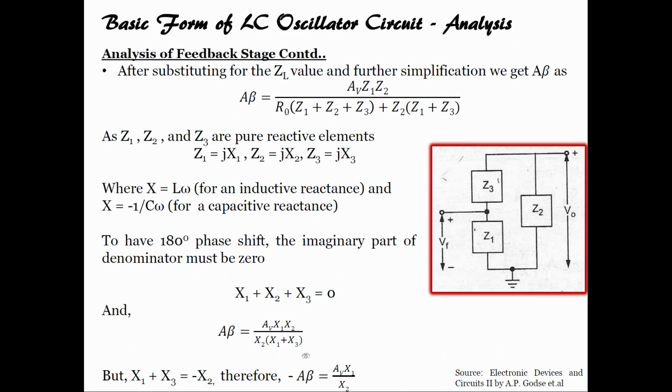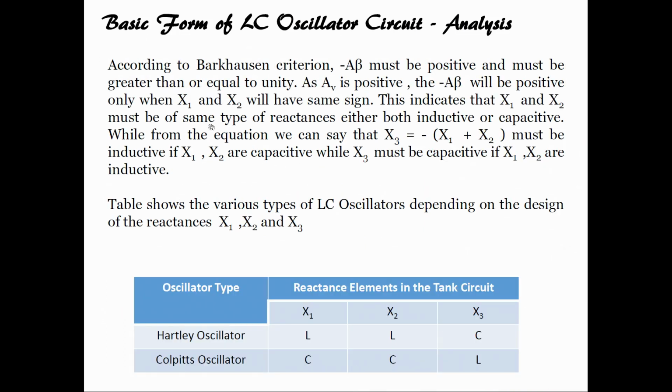Minus A beta equals AV into X1 by X2, but minus A beta should always be greater than or equal to 1. That means X1 and X2 should have the same type of reactance, so either X1 and X2 are inductive or capacitive.